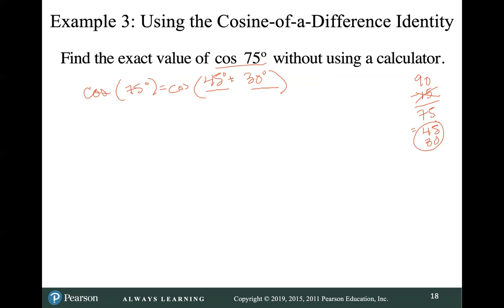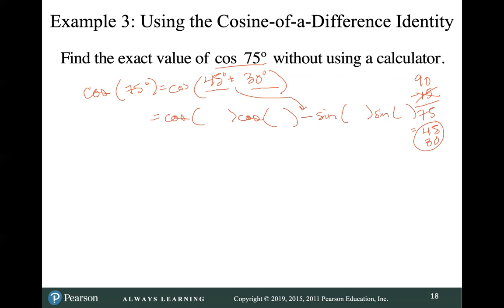Okay, so cosine of 45 degrees plus 30 degrees, all in the argument, becomes cosine. I need a cosine with a cosine, that means my cosines are together. If those are together, then the operation has to switch. So plus becomes a minus, and that leaves my sines together.